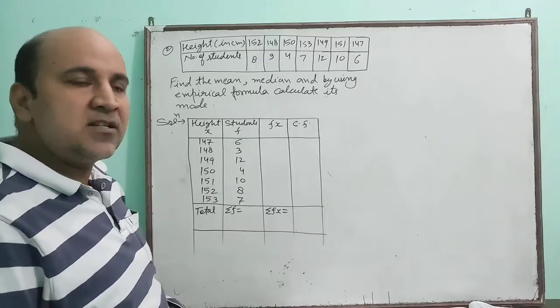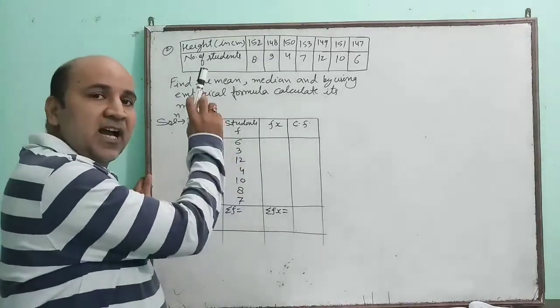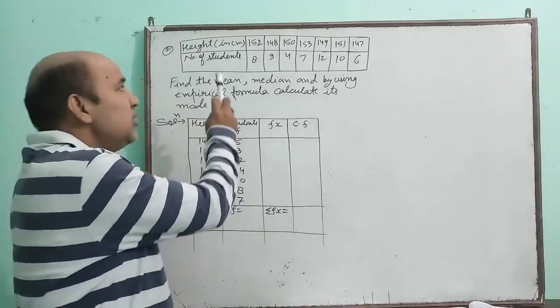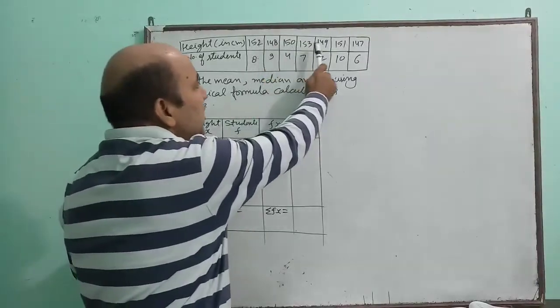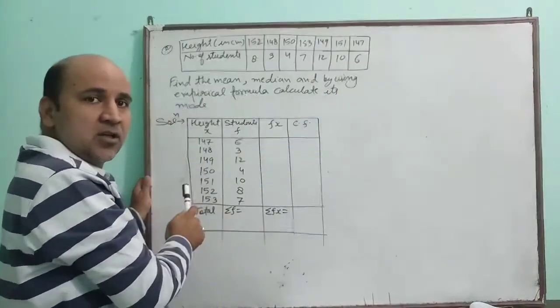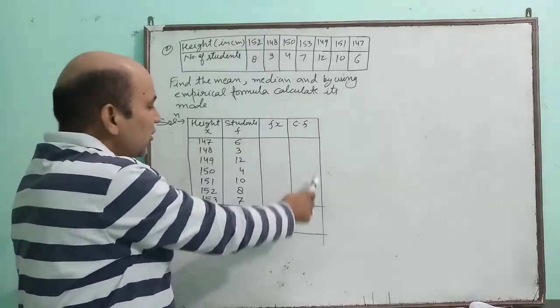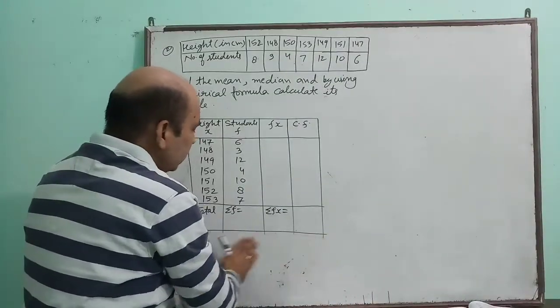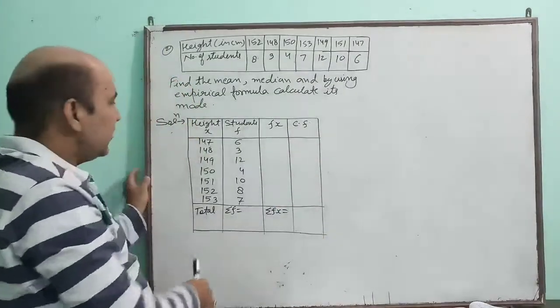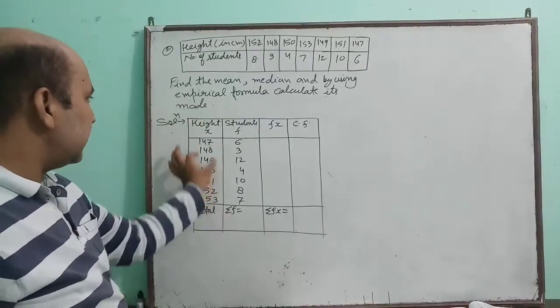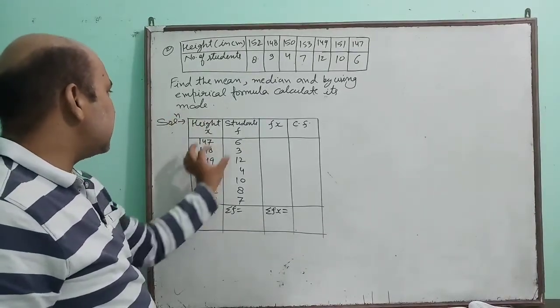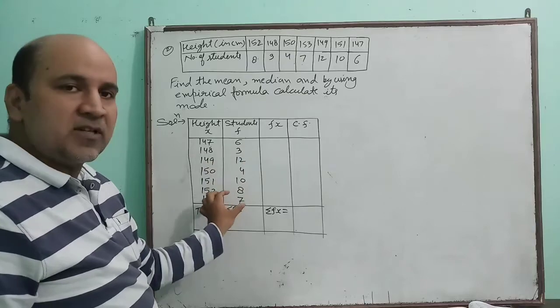So see how to find, children. Since we have to find the median here, we have to arrange observations in ascending order. So first, see here, I have drawn this column where x denotes the observations, and this column denotes the frequency.